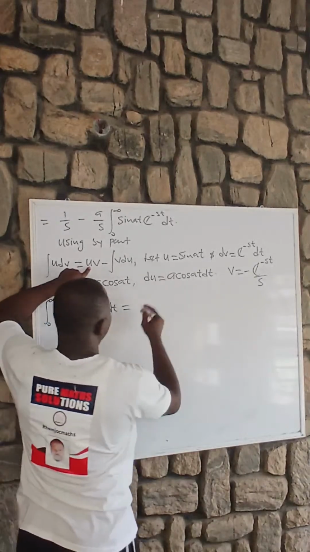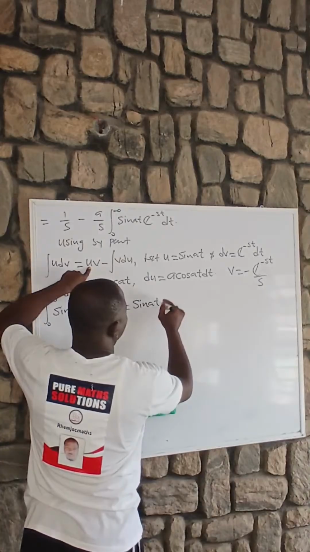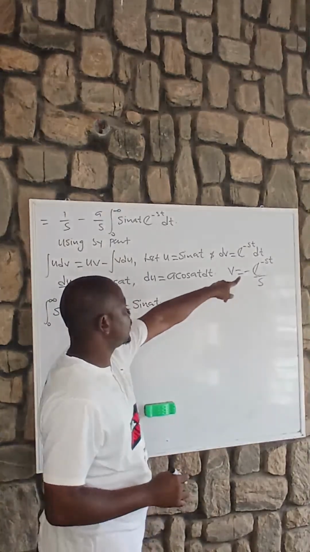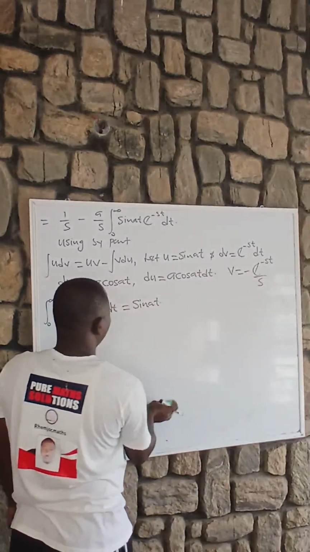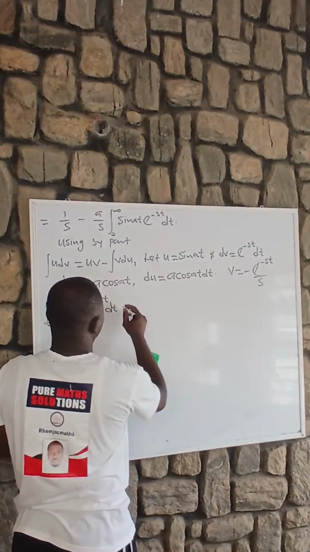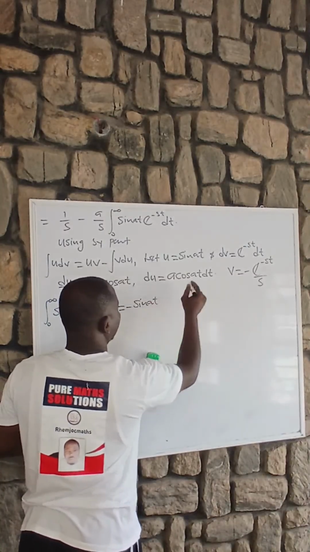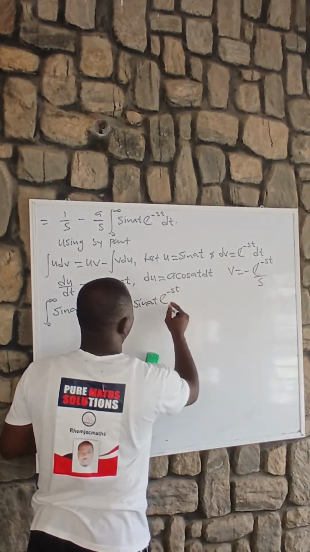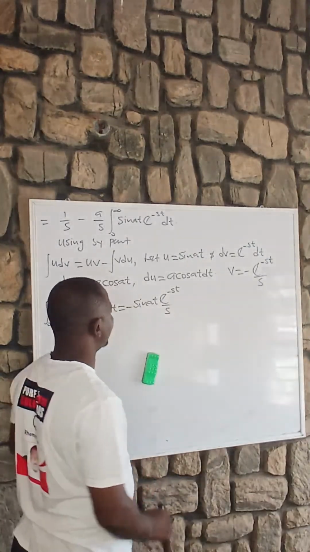Our ordinary u is sine at, true or false, times our ordinary v, minus exponential minus st all over s. We write it this way because of the negative sign: minus sine at times exponential minus st all over s. True or false? It's true, right?